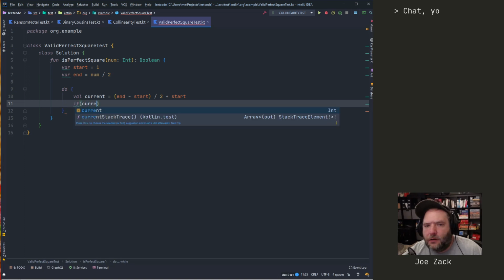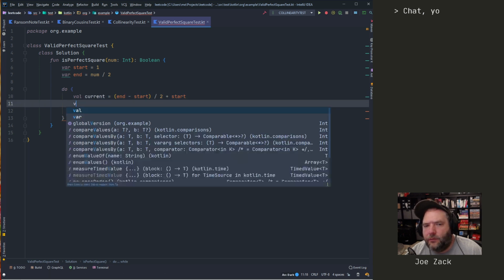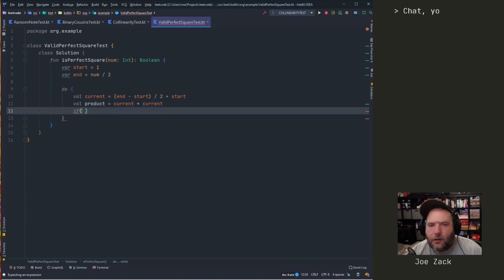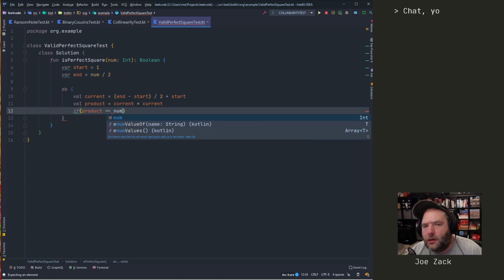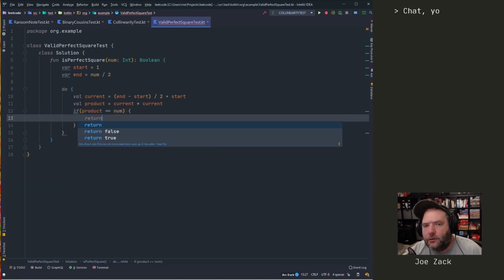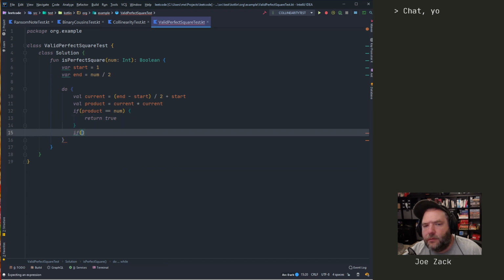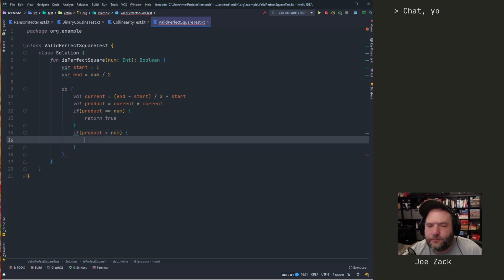So if current times current is, keep a new variable for product. All right, if product is equal to the number we're looking for, then we return true. Otherwise, if product is greater than our number, then we need to move left.